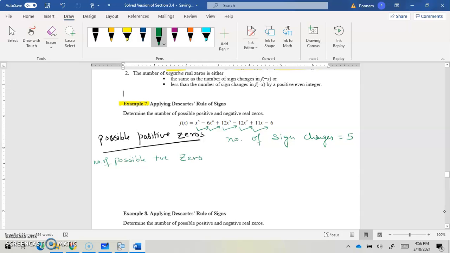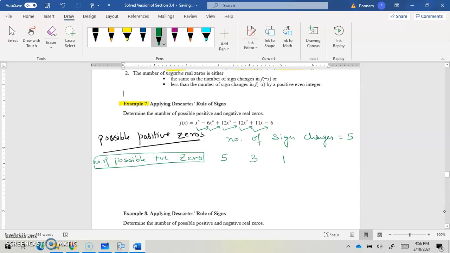Either 5, or 2 less than 5 would be 3, or 2 less than 3 would be 1. We cannot reduce by another even number because that will become negative. We cannot have a negative number of positive zeros, right?